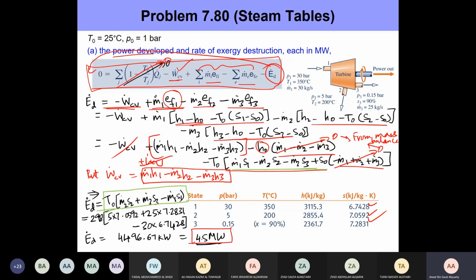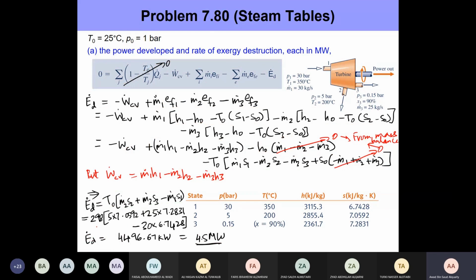Now, as is obvious here, this is a pretty long way, right? I would not say this is the most recommended way for doing it. It is a good way, and you may need to use it depending on the information that's given in the question. For example, if I give you the power output and also the values of EF1, EF2, EF3, this is probably the easiest way to implement the exergy balance and calculate exergy destruction.